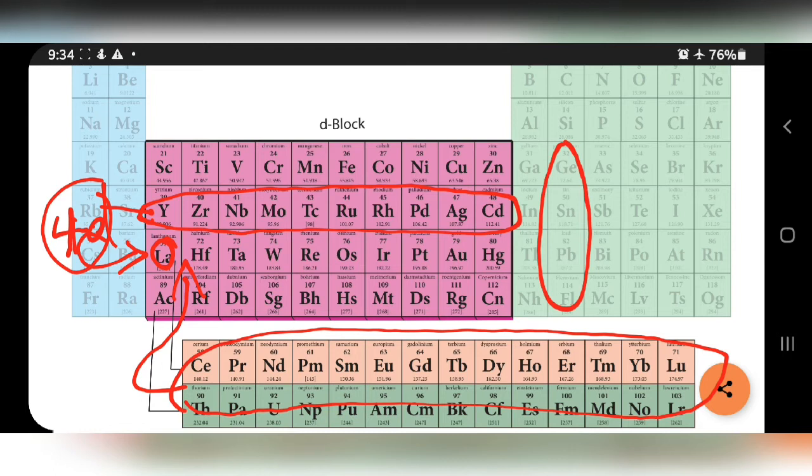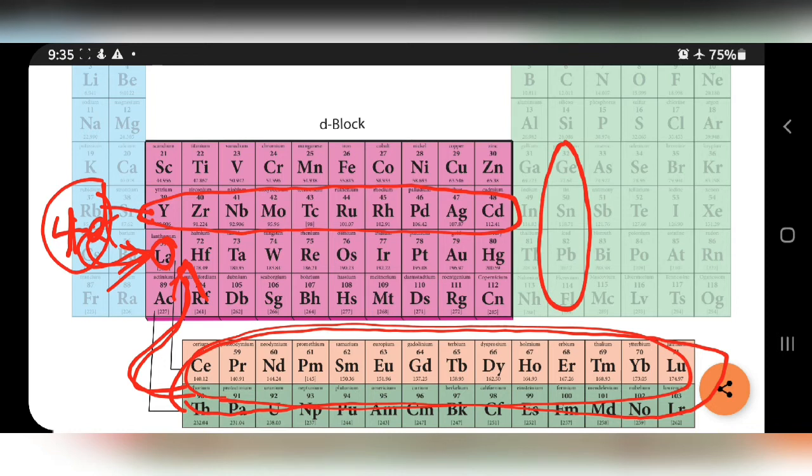But if we place these elements here, after lanthanum, below the 4d series, it will affect the properties of the elements belonging to a group, and the proper structure of the periodic table. So a separate position is provided to the inner transition elements.